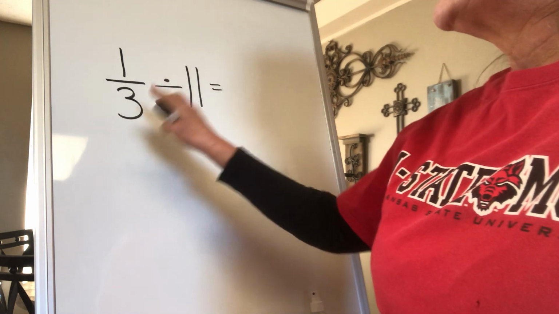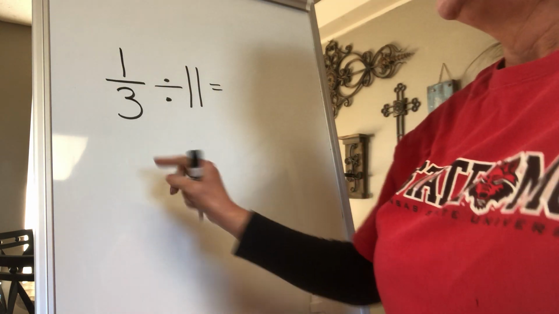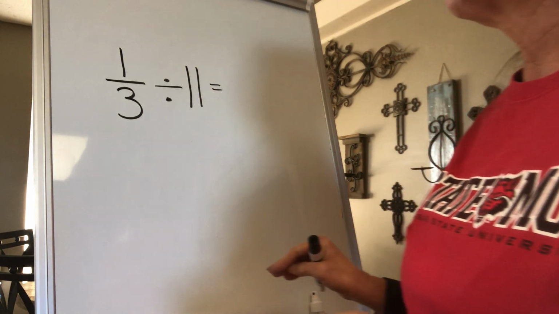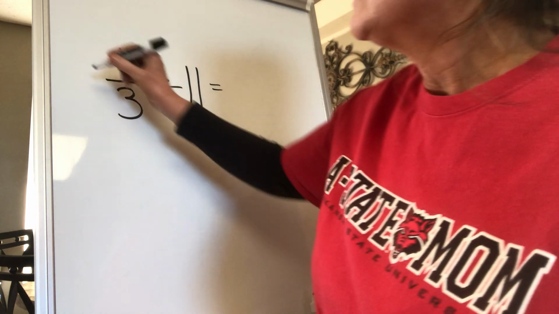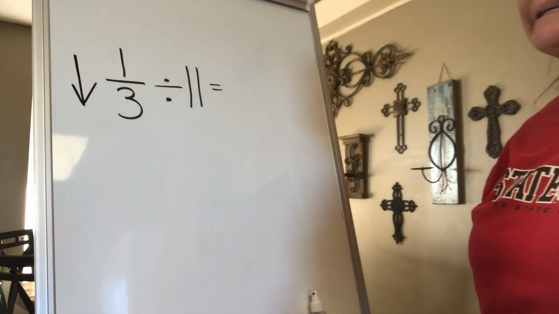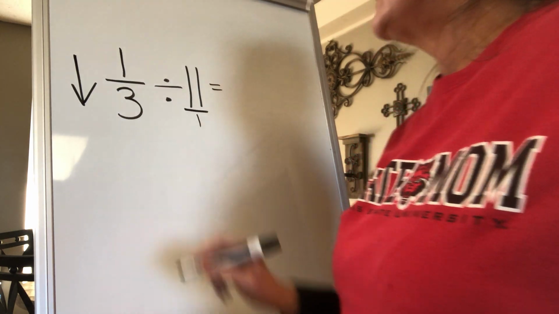Since I'm dividing and my fraction part comes first, it's a small 1/3, and then I'm having to divide that between 11 grains of rice. So I know mentally that my number should be less than 1. Then I'll work out the math like I know to do.